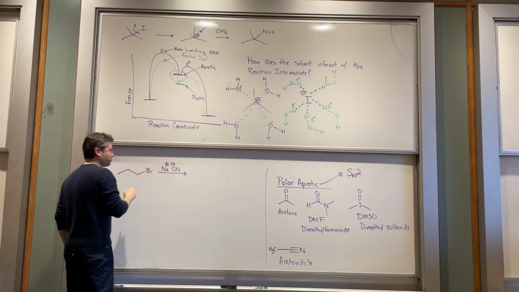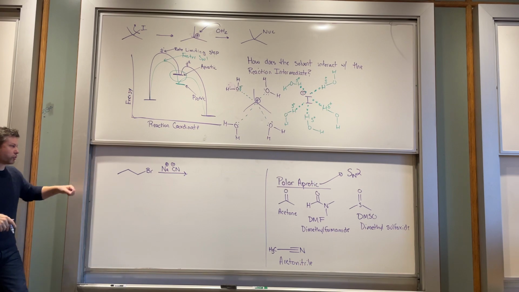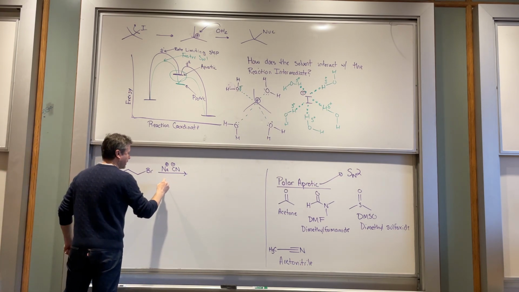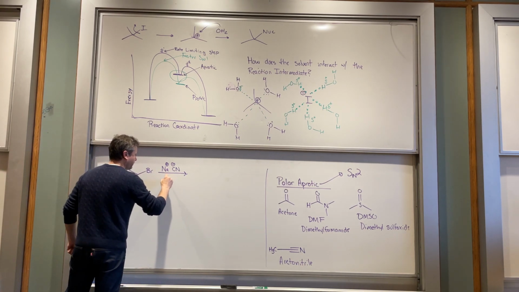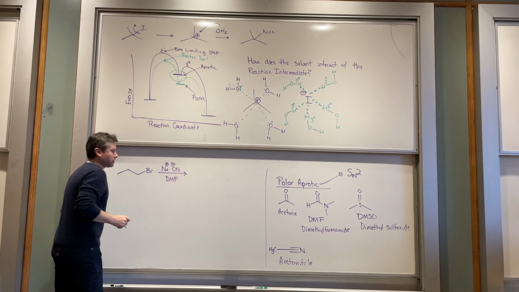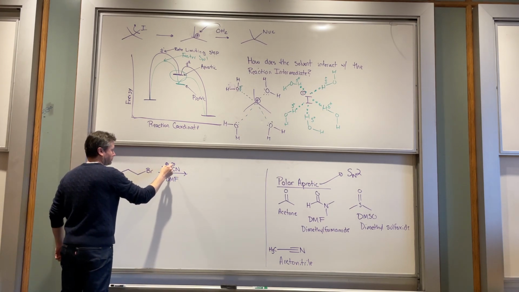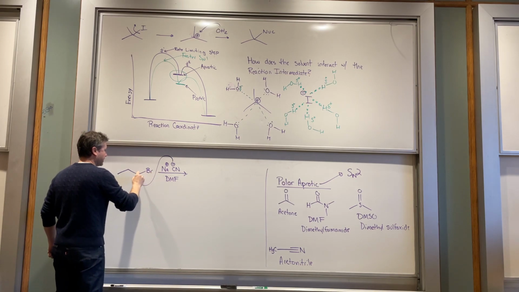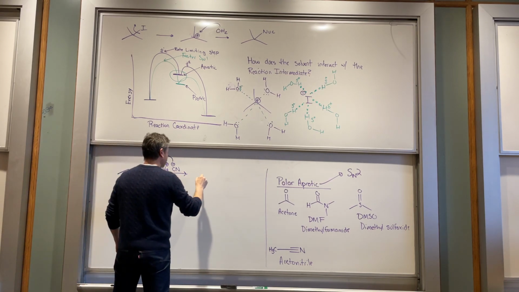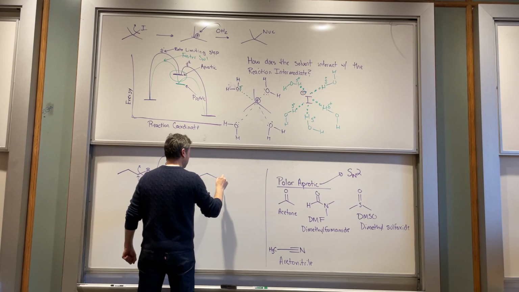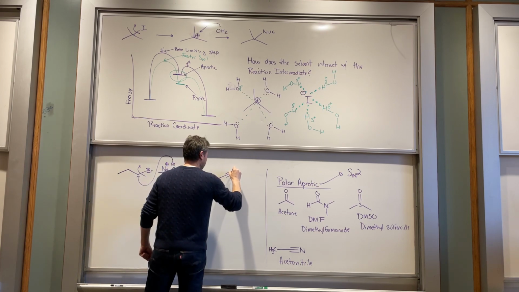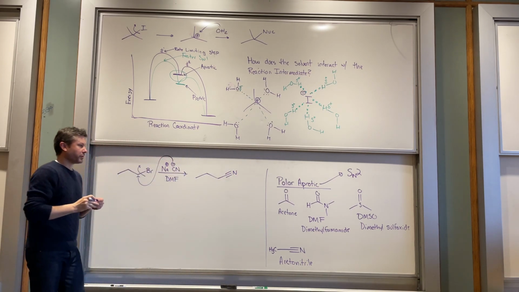For SN2, we're going to just take an alkyl bromide and treat it with sodium cyanide. We'll do this, say, in DMF. The cyanide's going to add to the carbon and take out the bromide in one step, and that's going to allow us to form the nitrile.